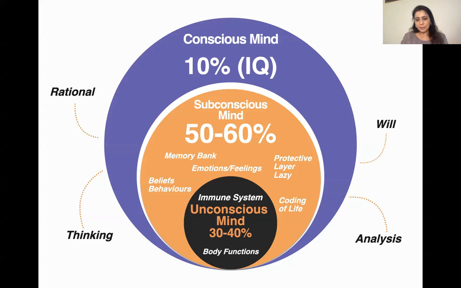Now this little white thing here between the conscious and the subconscious mind is what we call the critical faculty. It's like a protective lid, okay, between the two minds, because there's so much information here. Can you imagine? I am 48. So from the time that I was in my mother's womb till 48 years, can you imagine the amount of information that I have in my subconscious mind now?